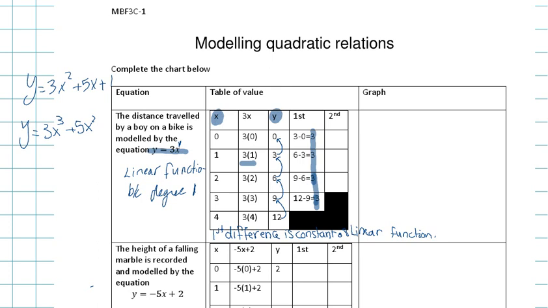Now, let's graph this. Alright, so my first point is 0, 0. Always label your axis. I should do that more often for you guys.